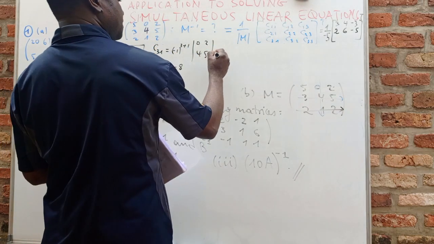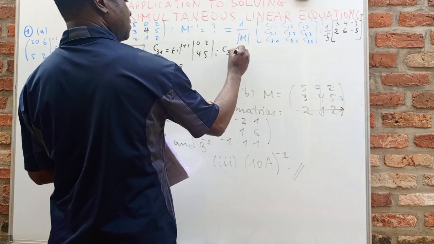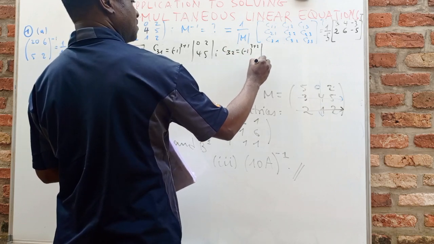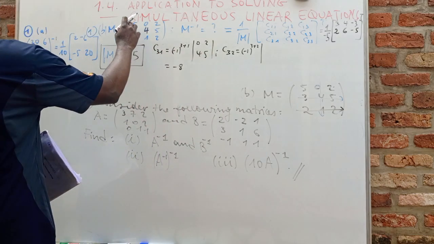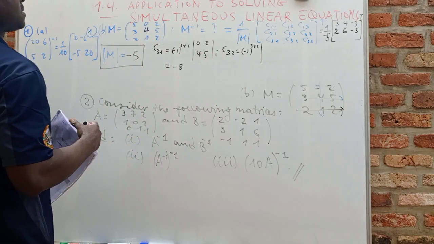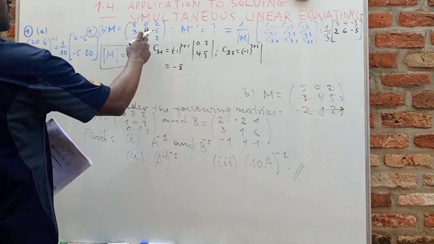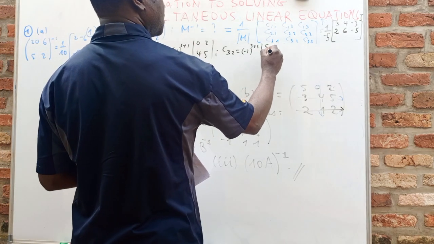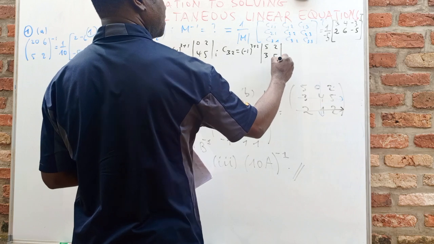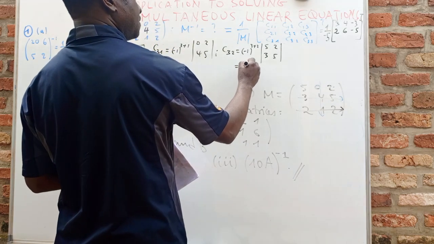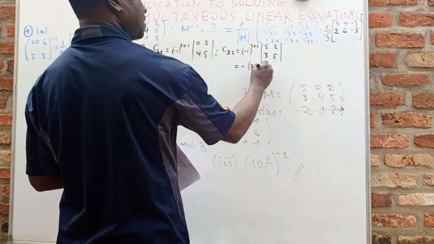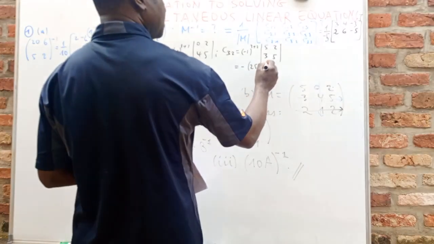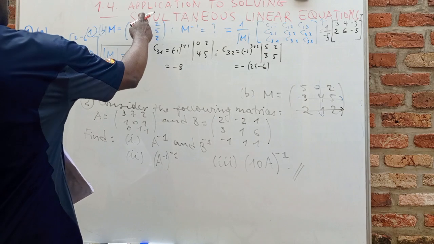Next, I have C32, which is -1 to the power 3 plus 2. Determinant of here, I have 5, 2, 3, 5. So I'm going to get the negative of 25 minus 6. 25 minus 6 is 19. Let us check again.